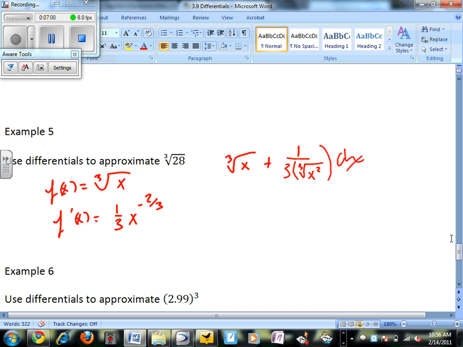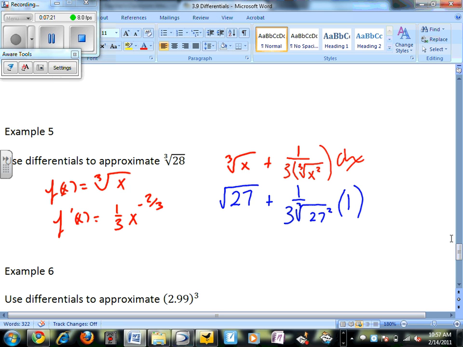All right, the closest perfect cube I know is 27. So let's do the cubed root of 27 plus 1 all over 3 times the cubed root of 27 squared, times my difference between 27 and 28, which is just 1.